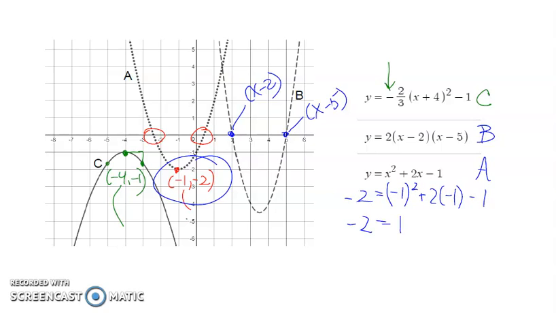That's -1 times -1. 2 times -1 is -2, minus 1. 1 minus 2 is -1, minus 1. And -1 minus 1 is -2. So even though we don't have its vertex form or factored form, the third equation does match up with graph A.